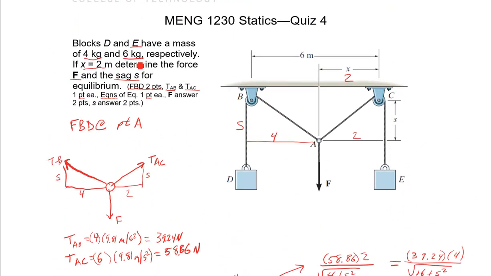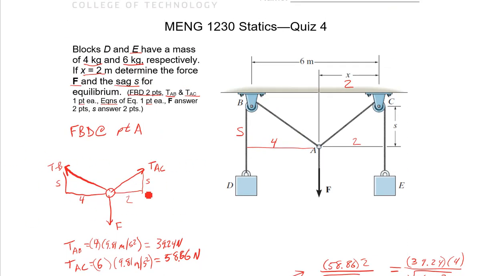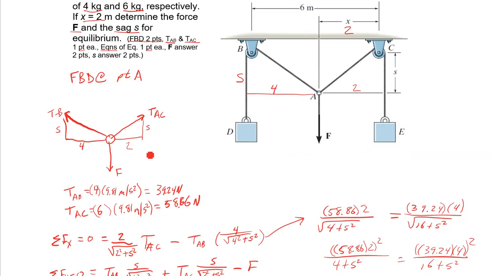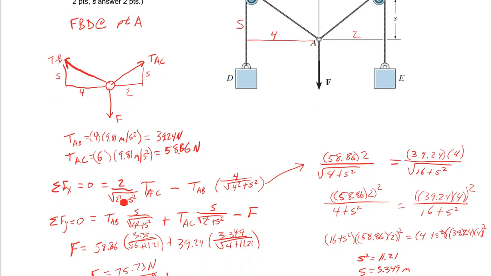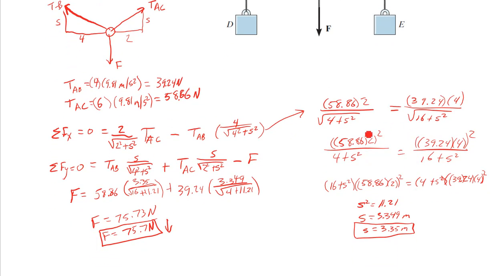So like most problems, we start with a free body diagram, solve anything that we know acting on that. So in this case we knew the tensions. Then we formulate our equations of equilibrium, x and y. In this case we could solve our S or our F in terms of S and then come back. So I solved the S first. Maybe not the cleanest way to do it, but on the quiz maybe that's what you would have resorted to as well.